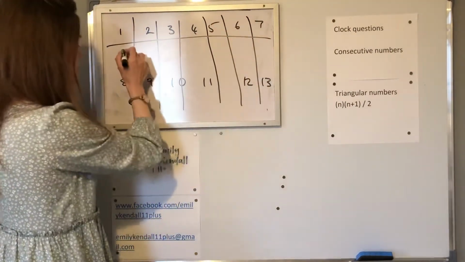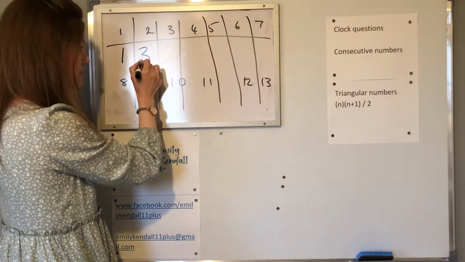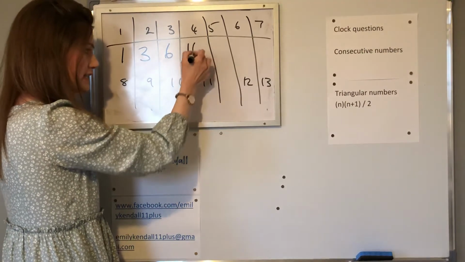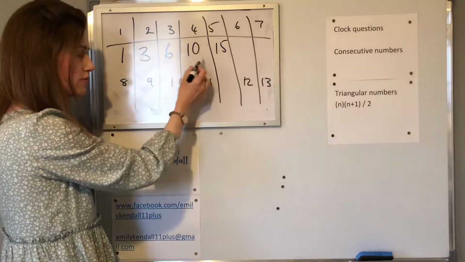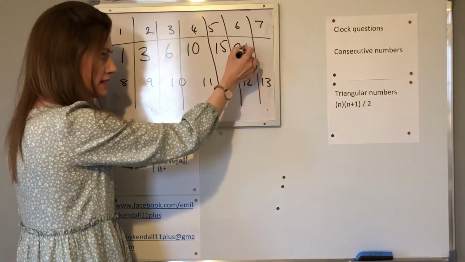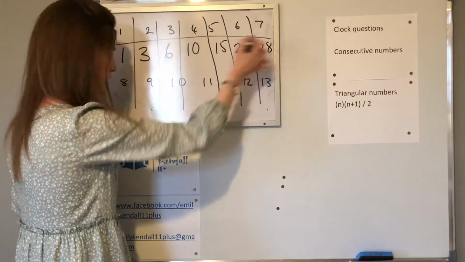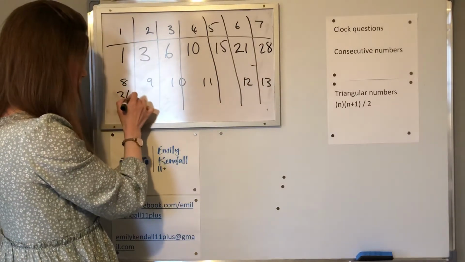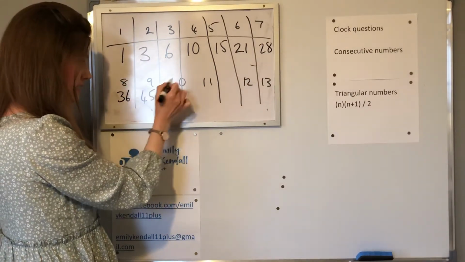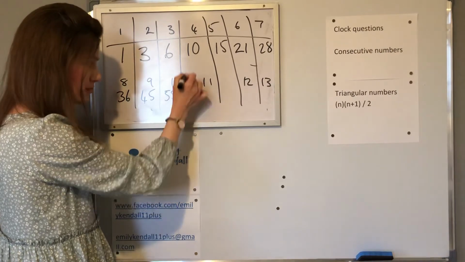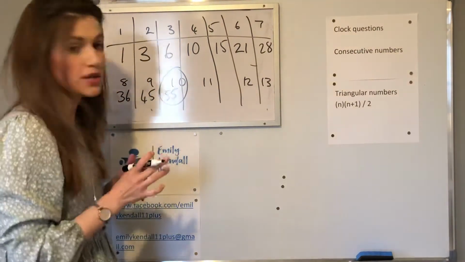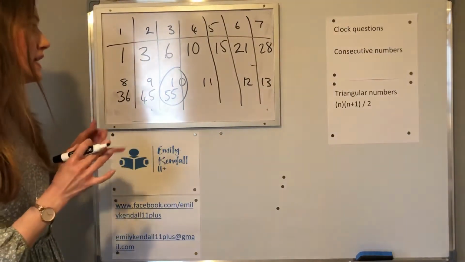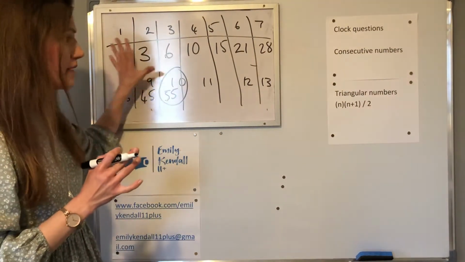So you do the first one as 1, then 3, then 6, then 10, then 15. So you added 2, 3, 4, 5, 6, 7, 8, 9, 10. Now that was the question I asked on my Facebook page. What's the 10th triangular number? Which is 55. So I would probably just do it like that.